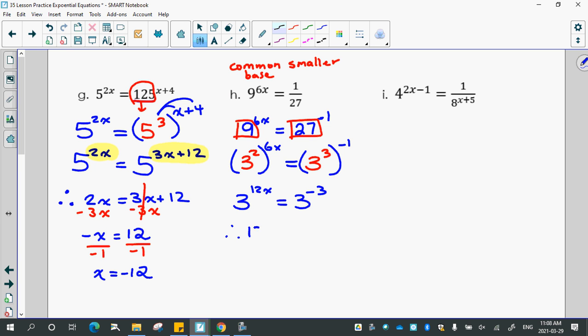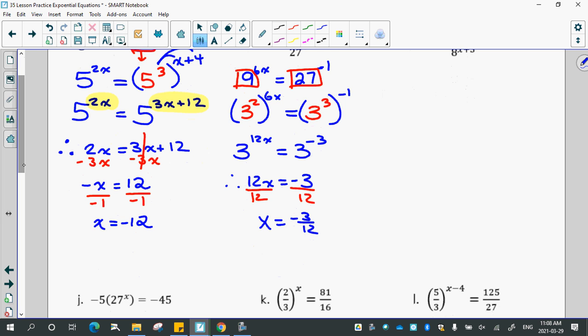Therefore, 12x has to be negative 3. Divide both sides by 12. So that's negative 3/12, but that reduces. You divide top and bottom by 3, it reduces to negative 1/4.